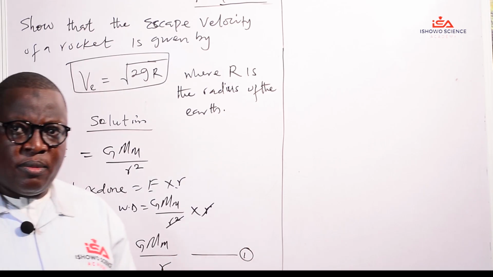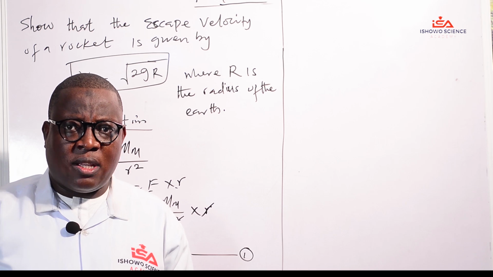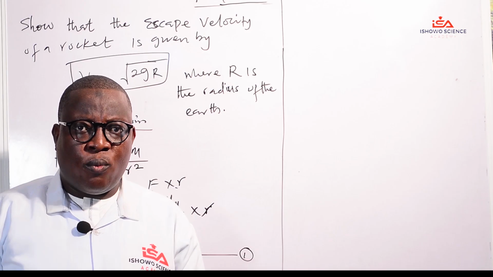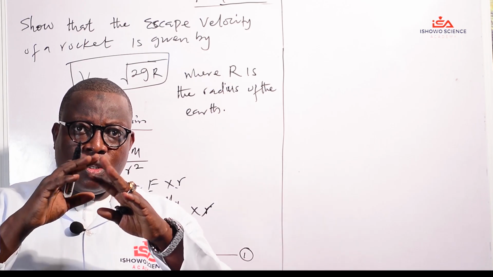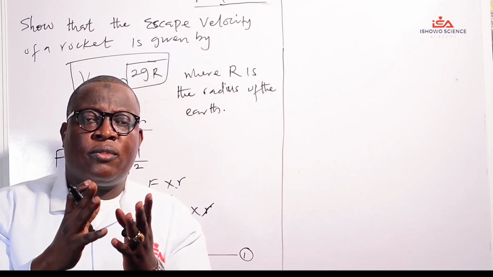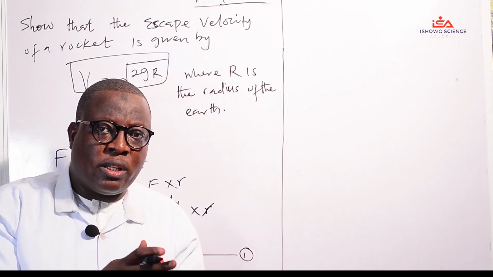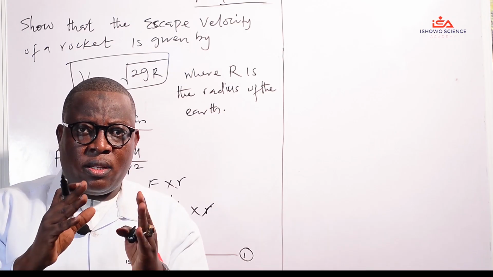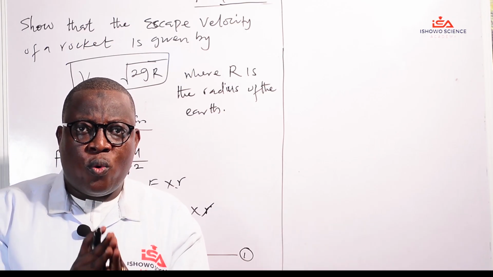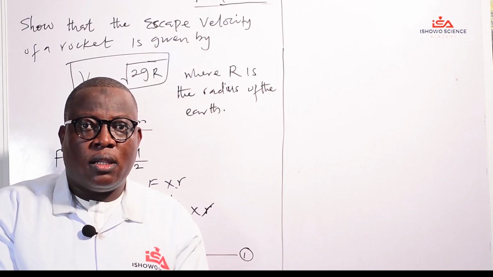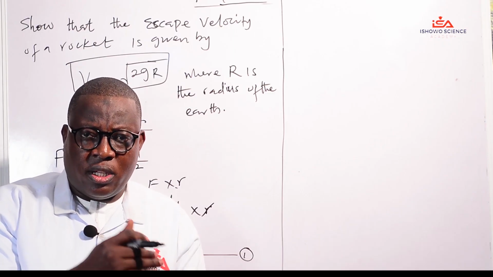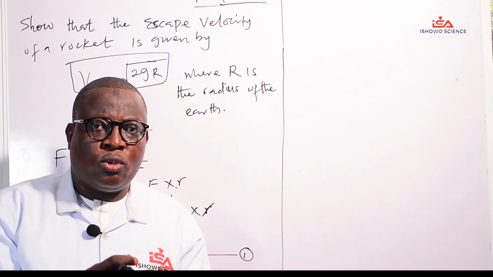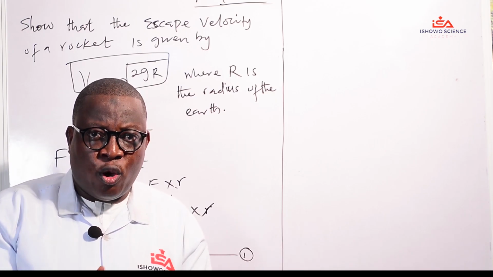Then recall that from the law of conservation of energy, energy can neither be created nor destroyed, but can be converted from one form to another. From the description of the position of an object at different points, from the rest position to being in motion, we agree that the work done is equal to the kinetic energy if the object is in motion, like the rocket we have to prove the velocity of escape for, or the work done is equal to the potential energy if the object is at rest.